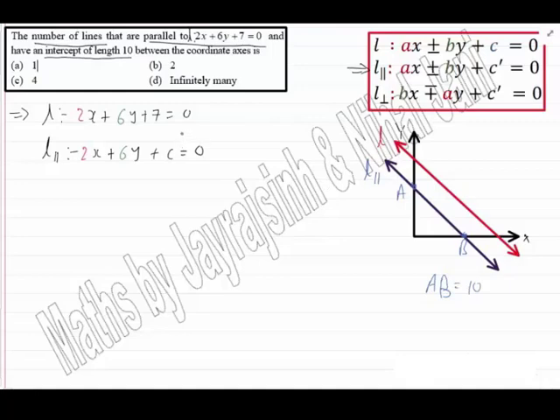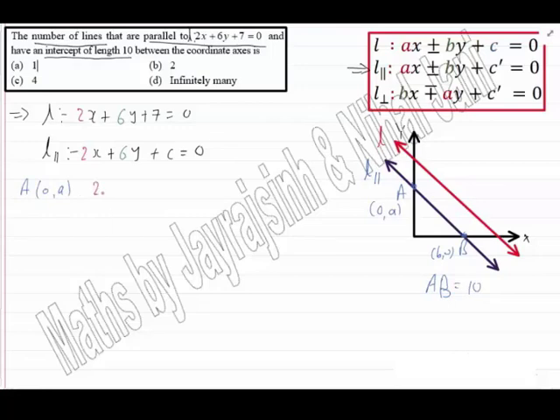Now, to get the value of c, first of all we have to find points A and B. Basically, A is on the y-axis, so we can say it must be 0 comma A, and B is on the x-axis, so it will be B comma 0, right? And both points are on the parallel line, so we can say A, which is 0 comma A, must satisfy the equation of line.